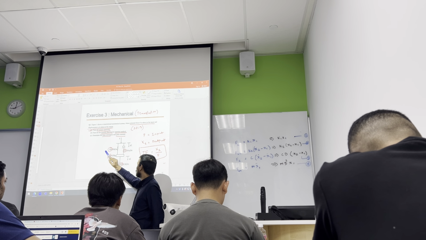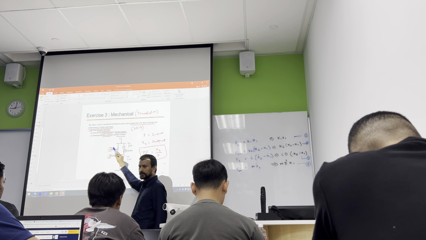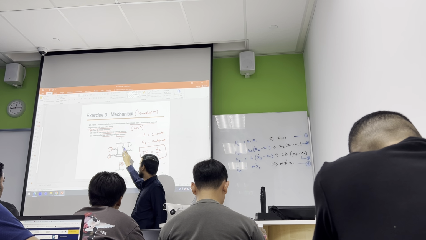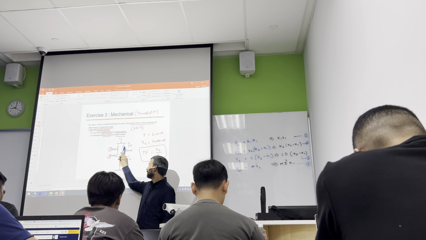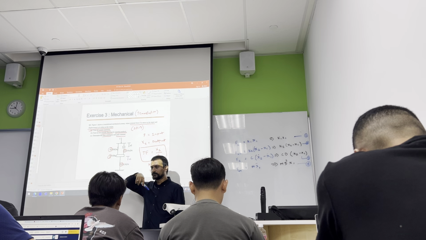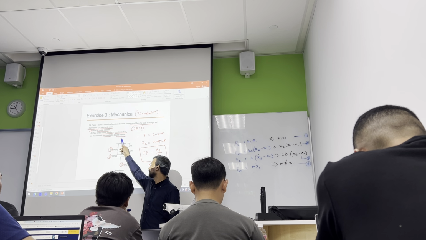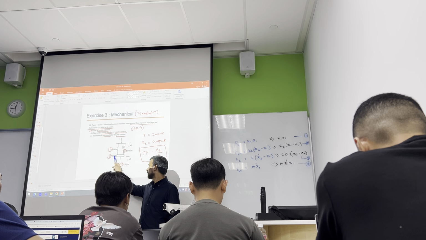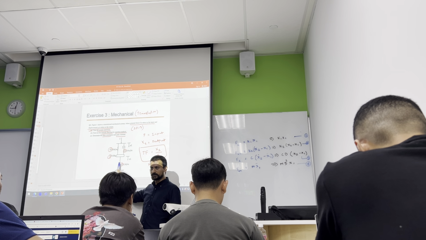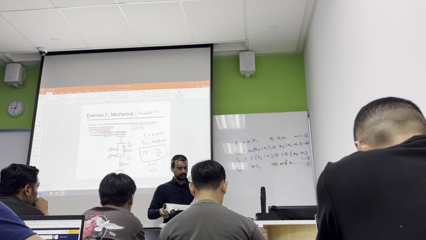So force equal to these two components, Fk2 plus Fc. That is your first force equation. So this is against the applied force. Okay, this is trying to equilibrium. But what about these forces against this? Okay, that's the next one.